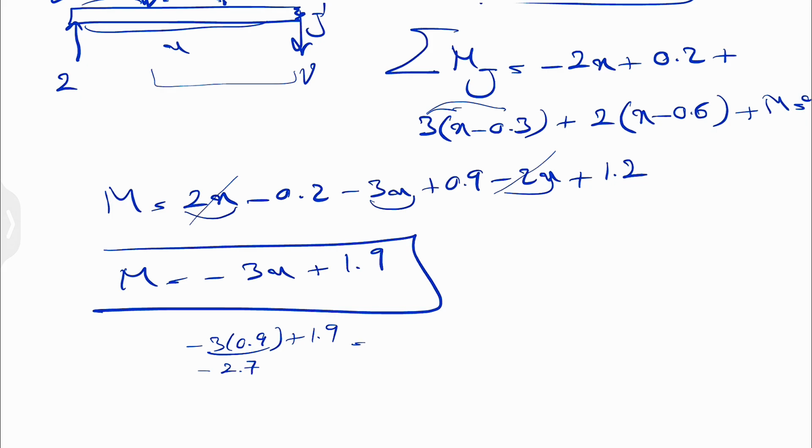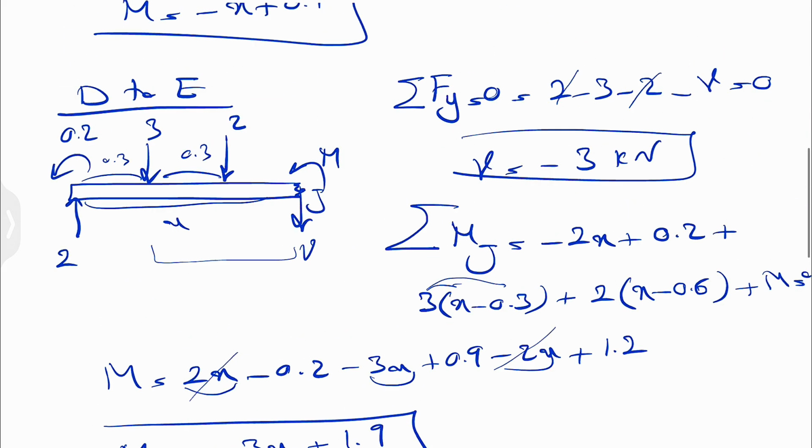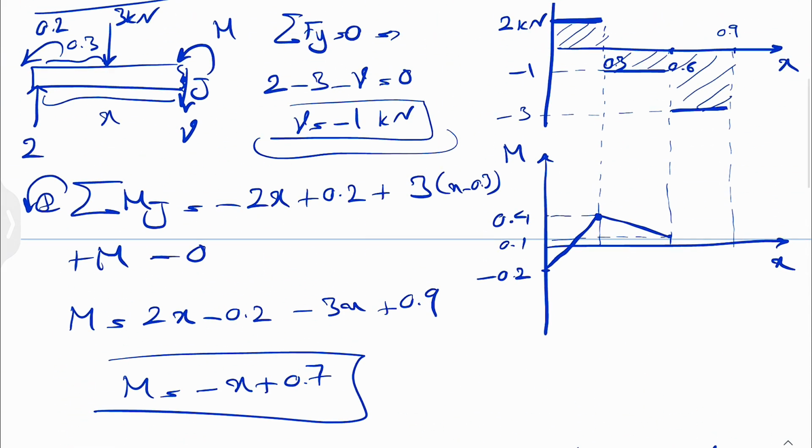So this is going to be negative 0.8. So we're going to get somewhere here, negative 0.8, which is going to be something like this. Again, the slope is negative because we have negative 3x. So far, that's what we have for the moment.